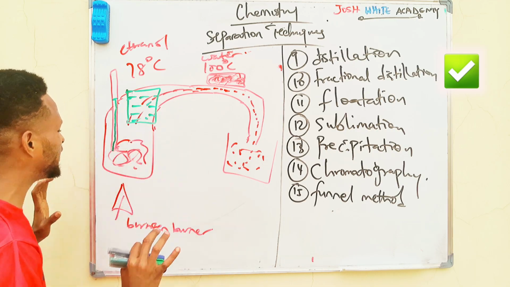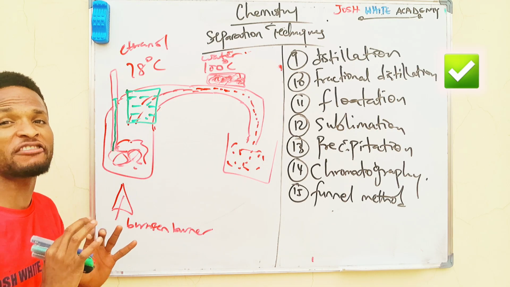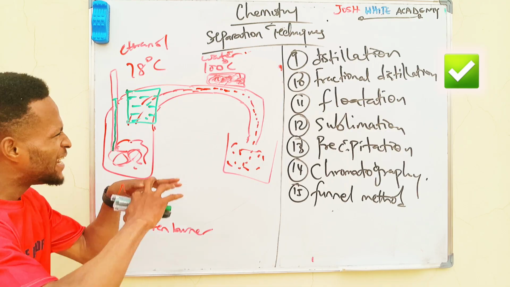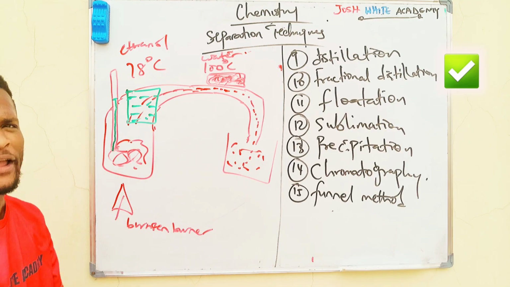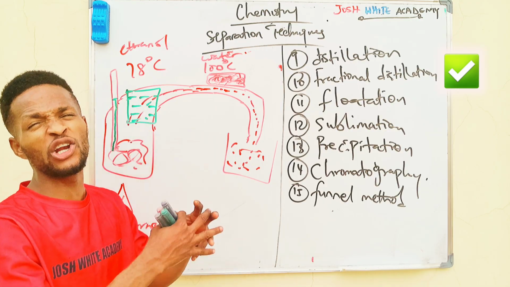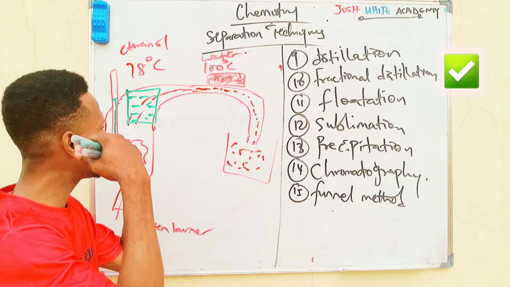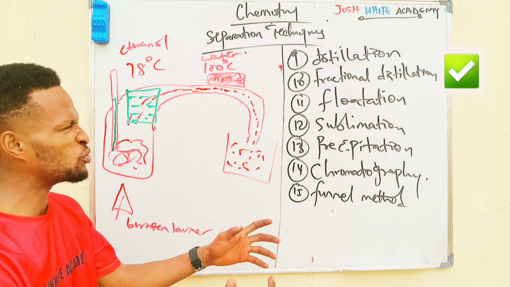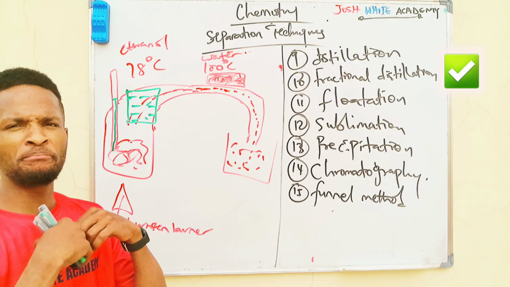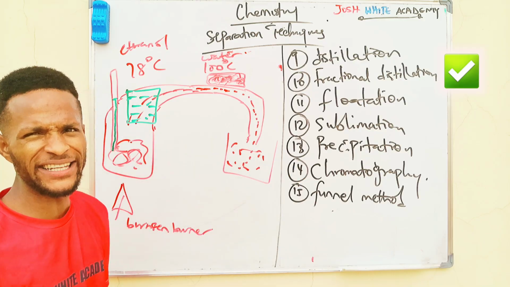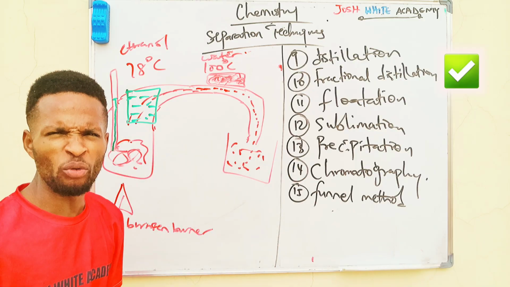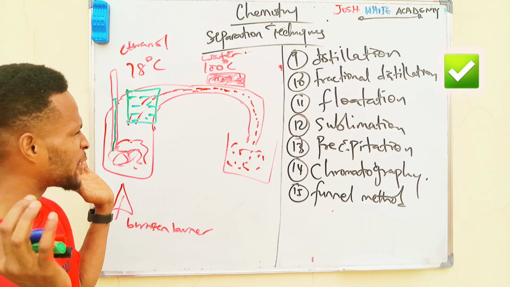It is absent in distillation but present in fractional distillation. Let's say, for instance, our crude oil, petroleum, it has a lot of fractions in it. We have kerosene, we have bitumen, petroleum jelly, we have petrol, we have diesel, many.